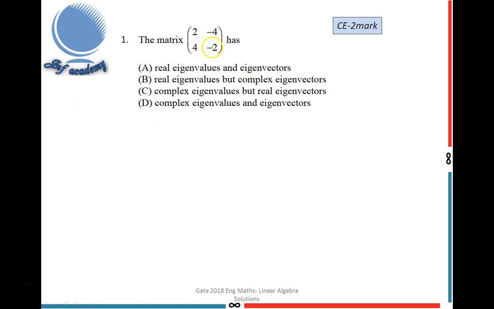The principal diagonal elements are 0 and Aij equal to minus Aji. Here the two elements Aij and Aji have opposite signs, but the principal diagonal elements are not 0. So you can't say this matrix is a skew symmetric matrix.